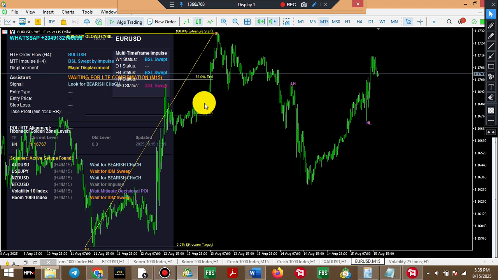So even though price is not at this zone now, or price is there now, when I leave the system like this and I add it to my VPS and I put the golden zone alert on, anytime this H4 changes position from this point, maybe after a while it calculated, then it switches from this point, I'm going to receive an alert that a new golden zone level has been discovered or formed.